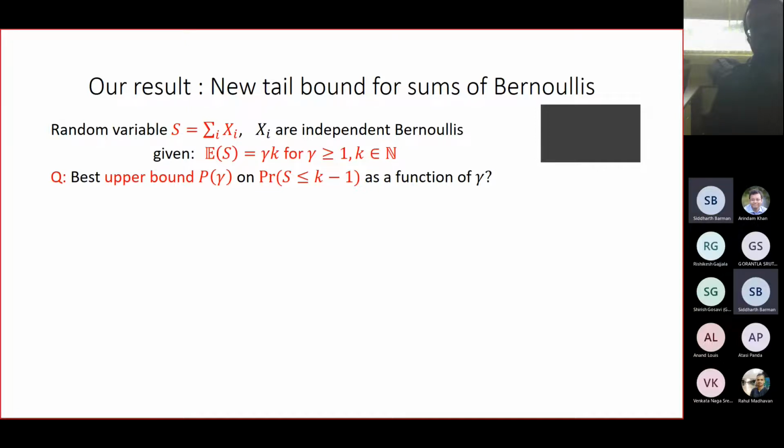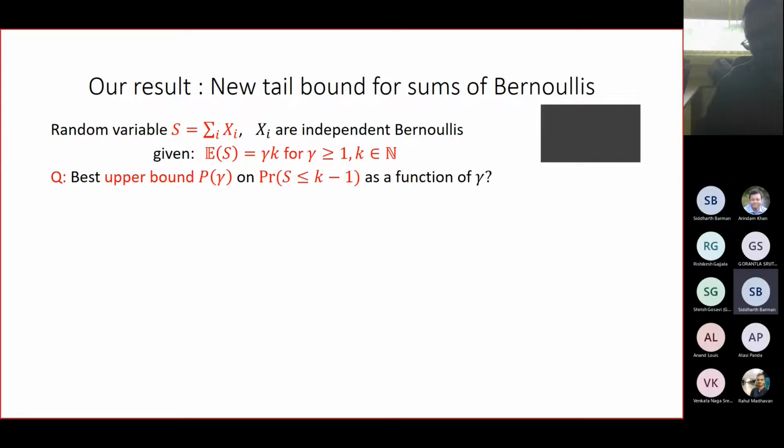And in the best case scenario, you would have identical Bernoullis, which would give an exponential decay. You're hoping something similar happens. Actually, even if you have identical Bernoullis, it's not obvious that your decay will be exponential. If k was exactly 1, then your answer is e to the minus gamma.